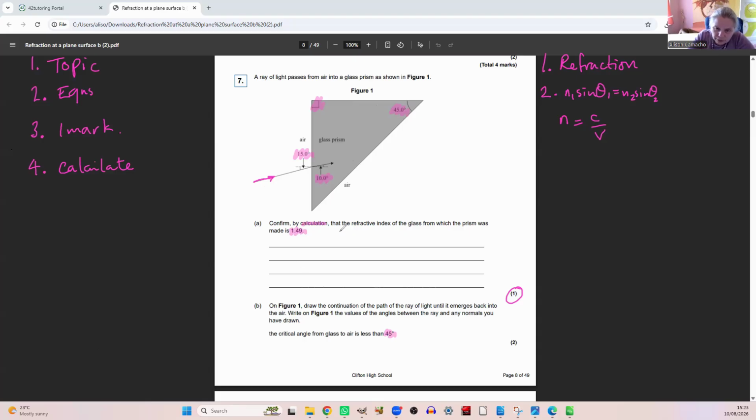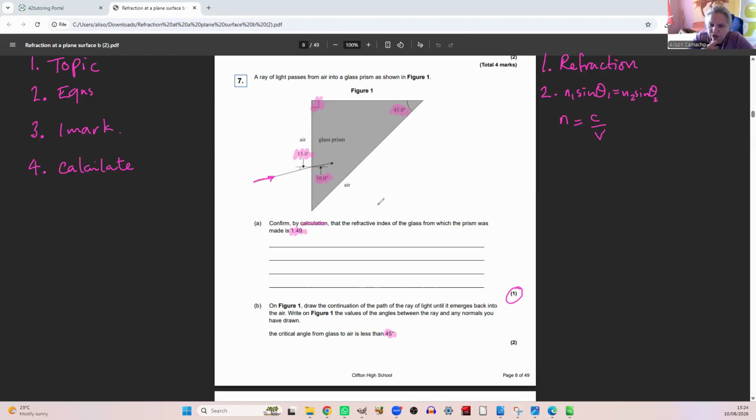It says, confirm by calculation that the refractive index of the glass is 1.49. That's fairly straightforward. I haven't needed to add anything to the diagram.